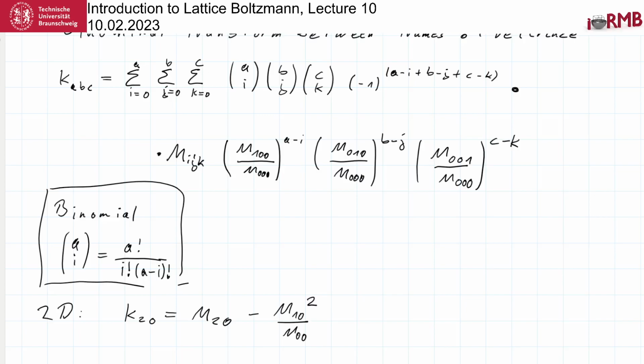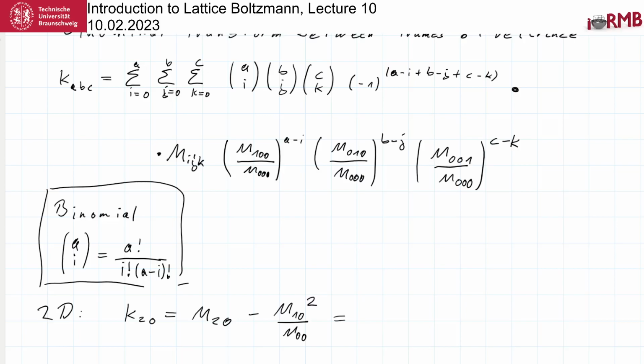Because this M10 comes from two places. Up here, this can also be M10, and then there's another M10 from here. M10 times M10 divided by M00, right? But still, you see, this is a polynomial only in the first moment.